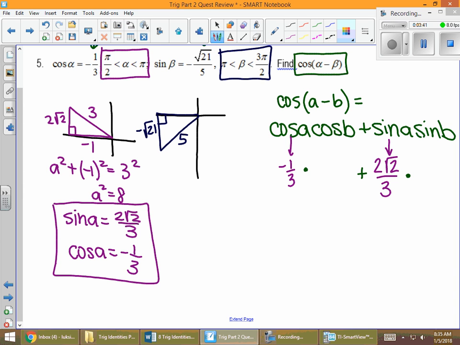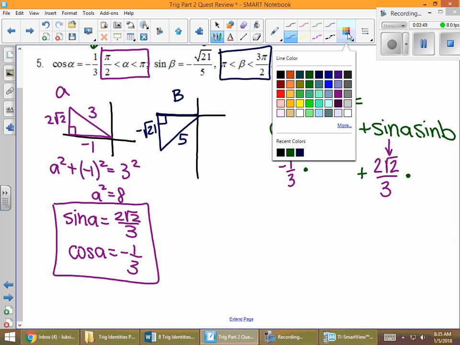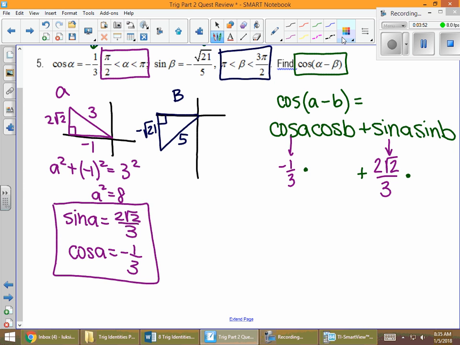My hypotenuse is 5. I need cosine of B here, and this is my B triangle. I just didn't label my A triangle over here. My adjacent leg is going to be negative here. Go ahead and pause and work through the Pythagorean theorem to find your missing side there.